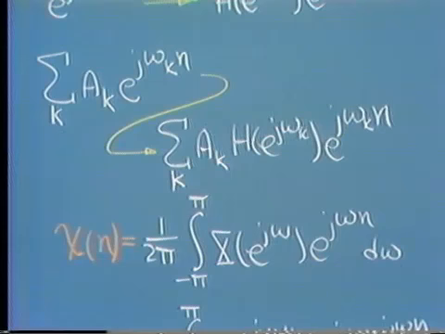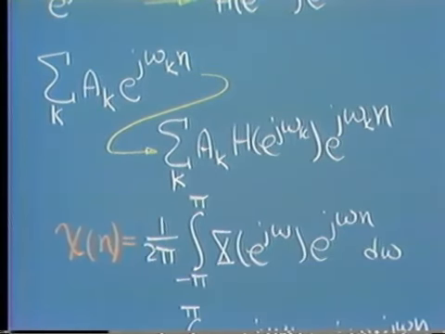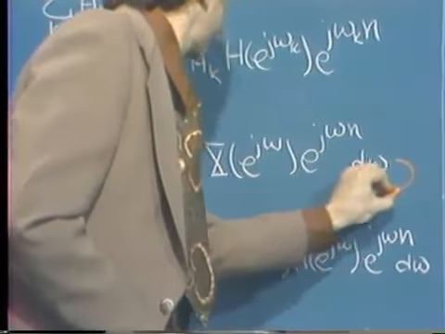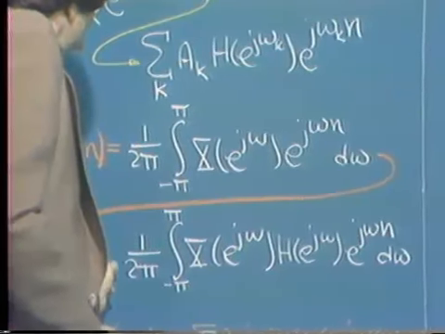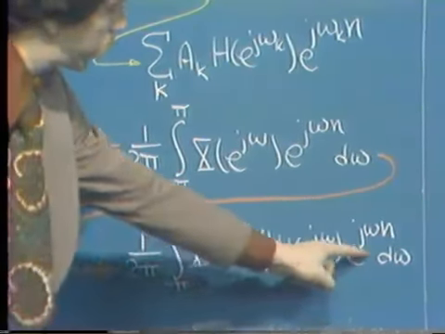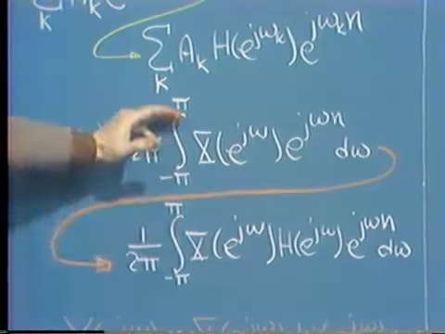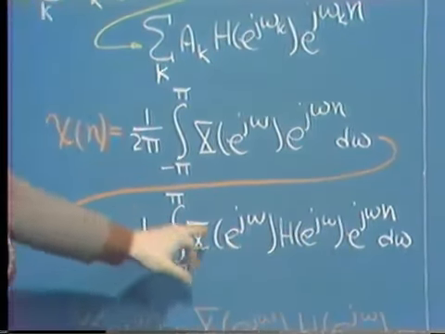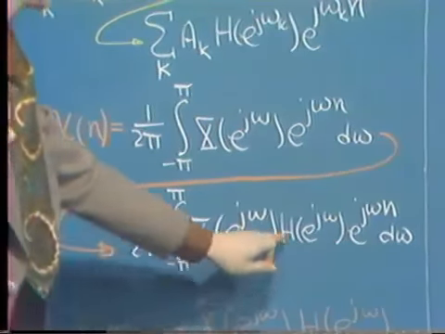Well, the output is then going to be a linear combination of complex exponentials with the amplitude of each one of the input exponentials multiplied by the frequency response of the system at that frequency. So the result is that with this as the input, what we have to get at the output is this, the same linear combination, the only change being that the complex amplitudes of the input are multiplied by h of e to the j omega.